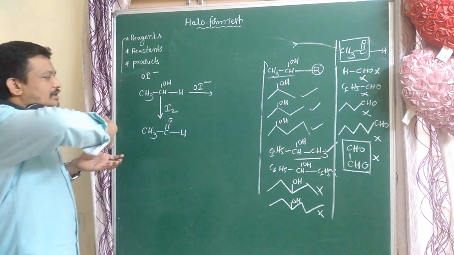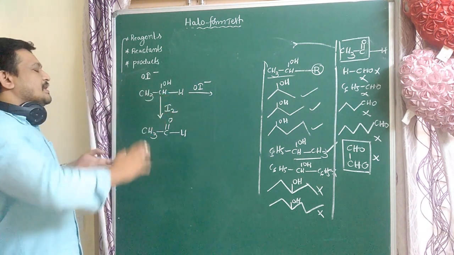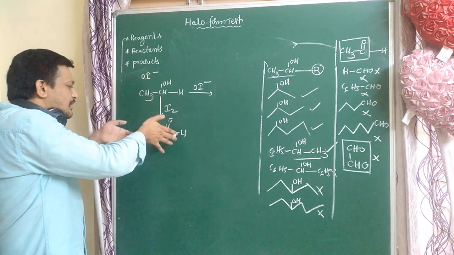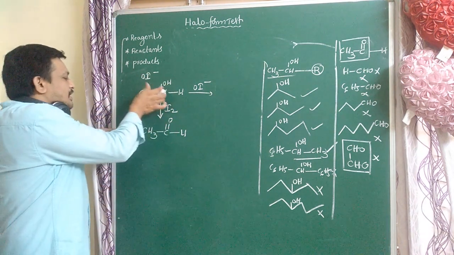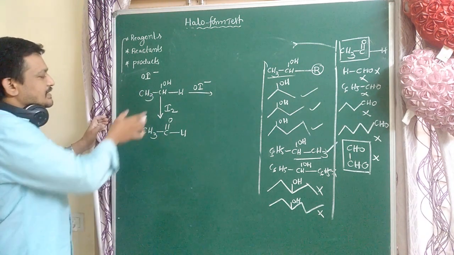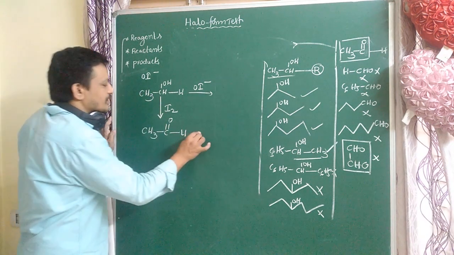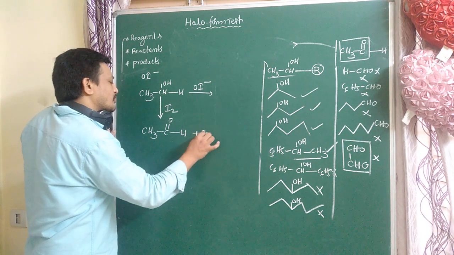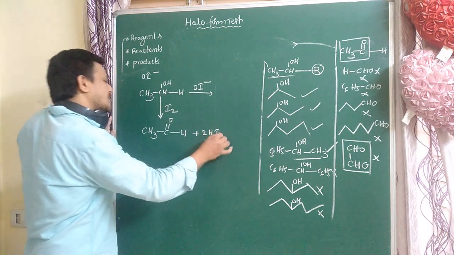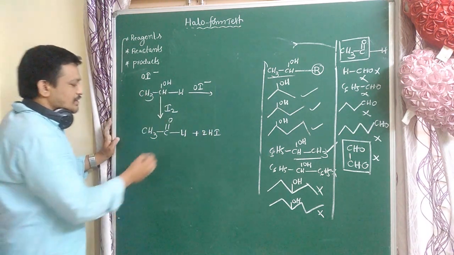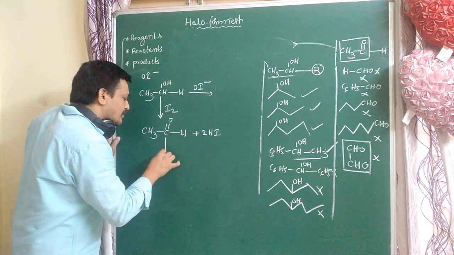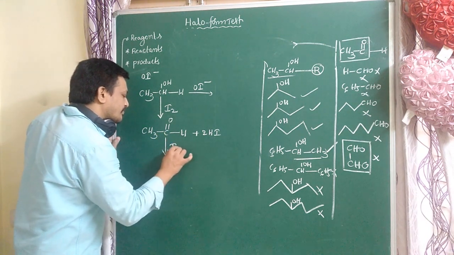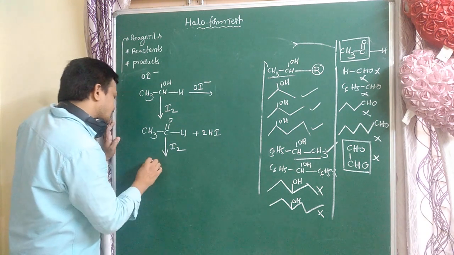All primary alcohols are oxidized to aldehydes. Ethyl alcohol is converted to acetaldehyde. This is the oxidation reaction, a dehydrogenation in which hydrogens are removed. Next comes halogenation, where hydrogens are again removed.